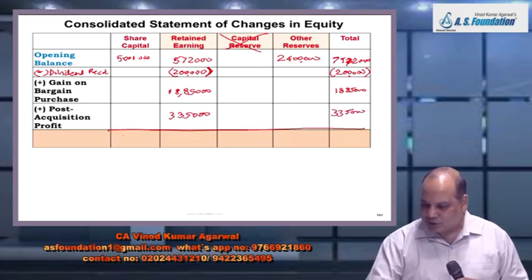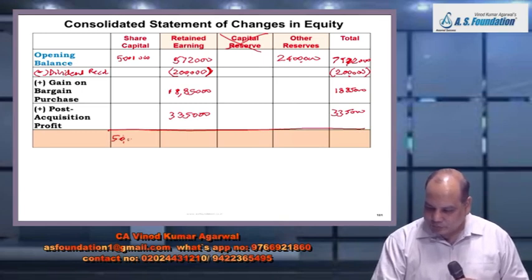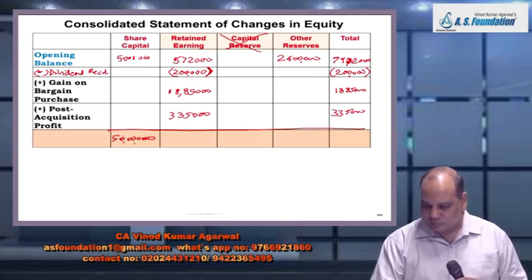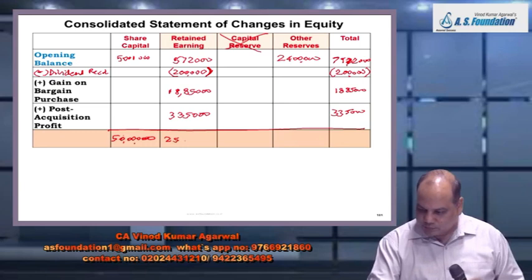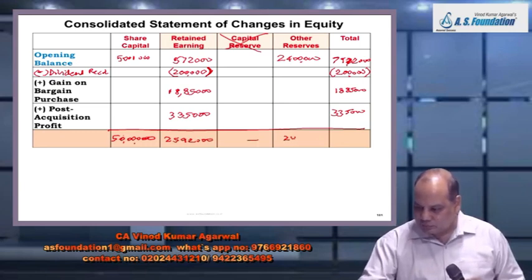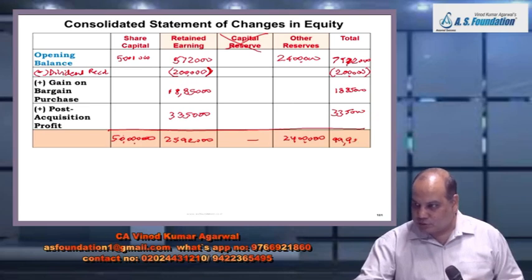So let me complete the table now. 50 lakh. What is this total? 25 lakh 92,000. Last column total, 99 lakh 92,000.